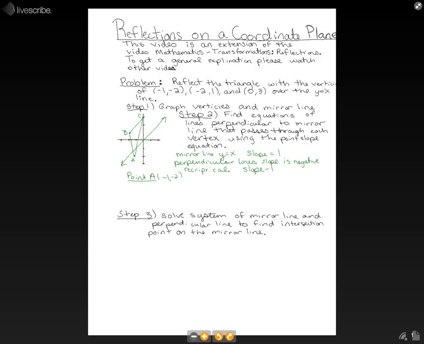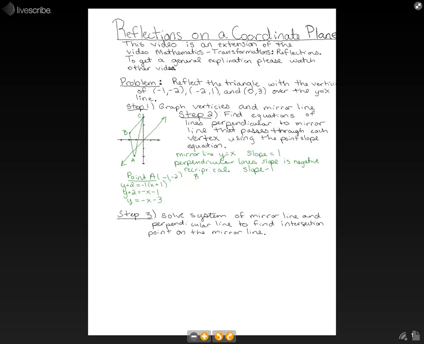Well, point slope form says that we have y minus y1, so y minus -2, which will just become +2, is going to equal m, our slope, in this case -1, times x minus x1. Well, x1 is -1, so two minuses are going to become a plus. Now if we simply solve this, we'll see that we get y equals -x minus 3.